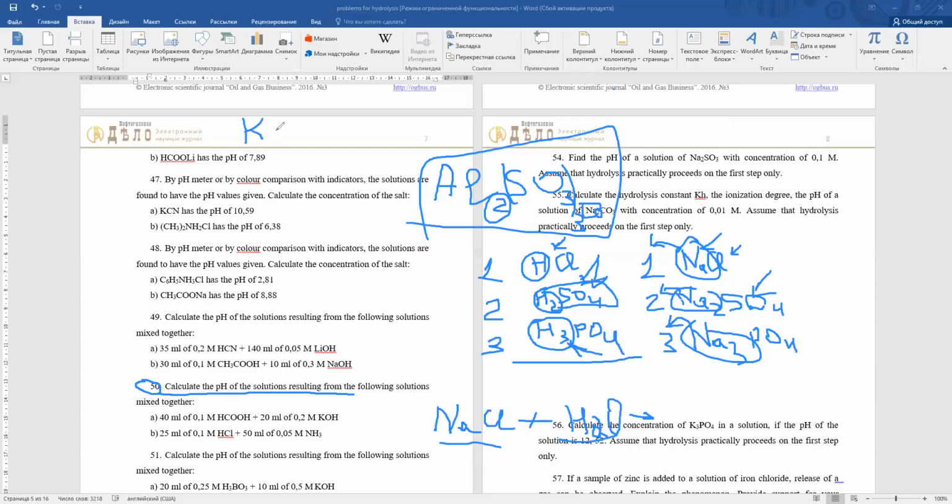Three, yes. And based on what are you predicting? Based on the metal. Potassium. Yes.